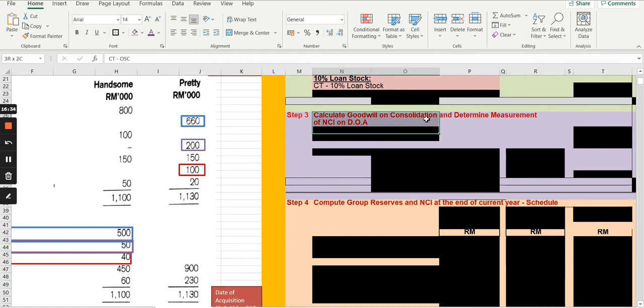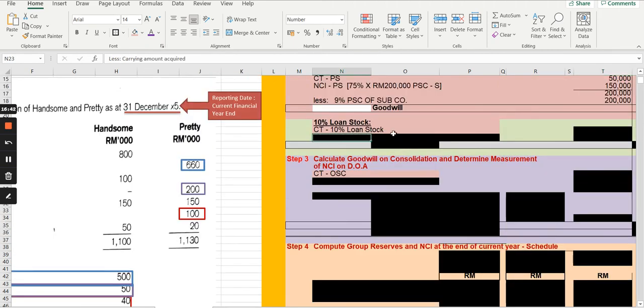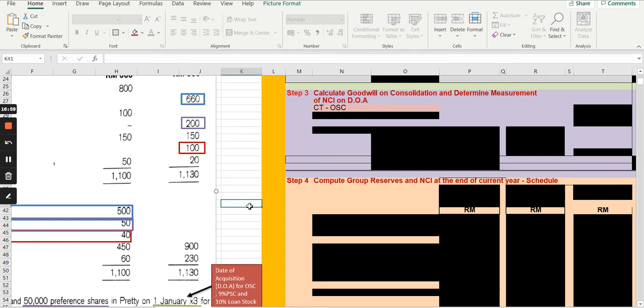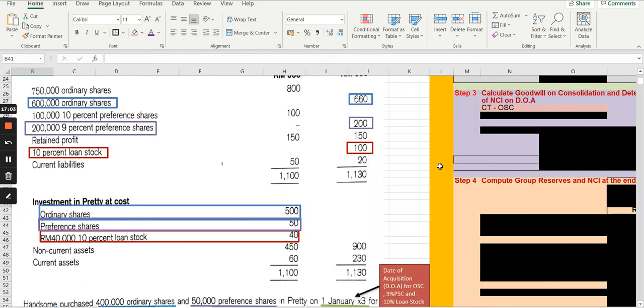So the consideration transferred for the investment in the debenture of the subsidiary, if you check, was 40,000. You invest 40,000 in debenture, and that was for 40,000. Let me just reveal that. Okay, here, 40. Go and check.